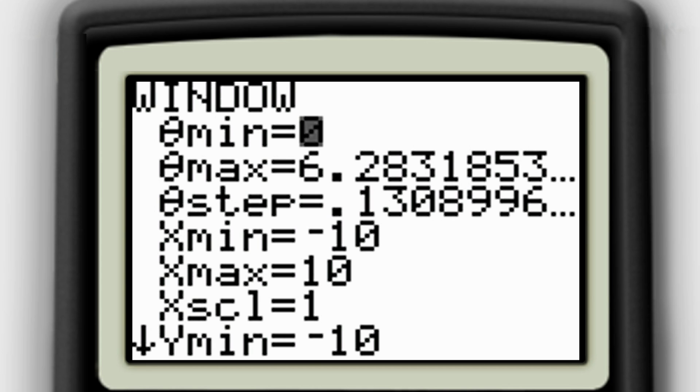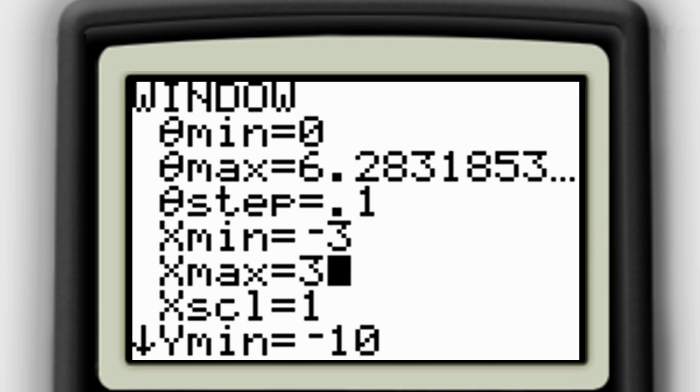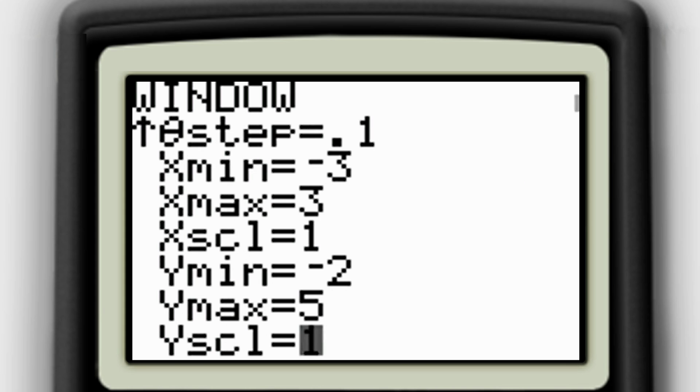We'll take our window, theta min 0 to theta max 2 pi, theta step 0.1, x min negative 3 to x max 3, x scale 1, and y min negative 2 to y max 5, y scale 1.